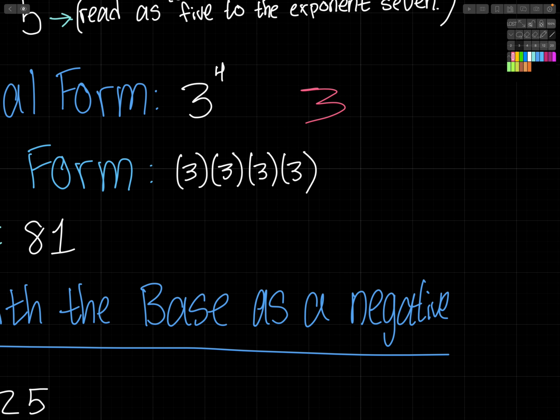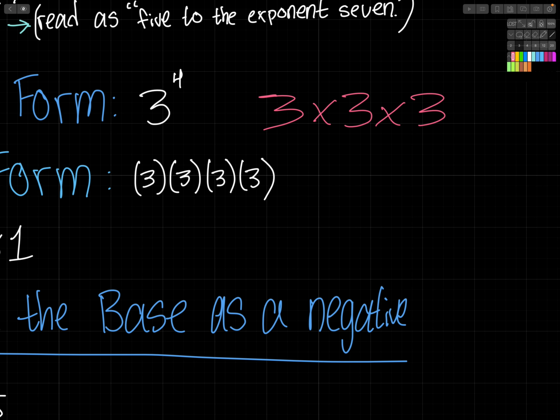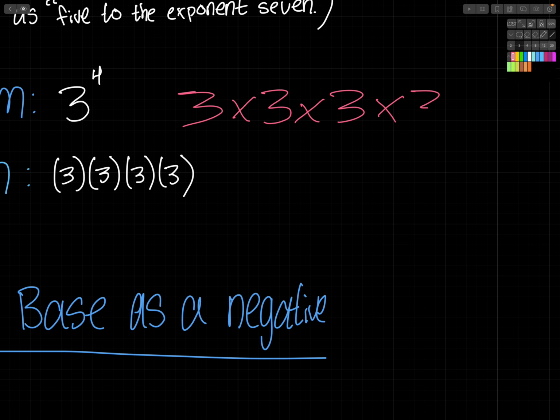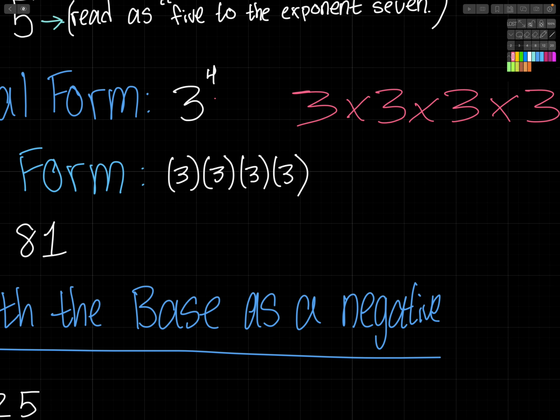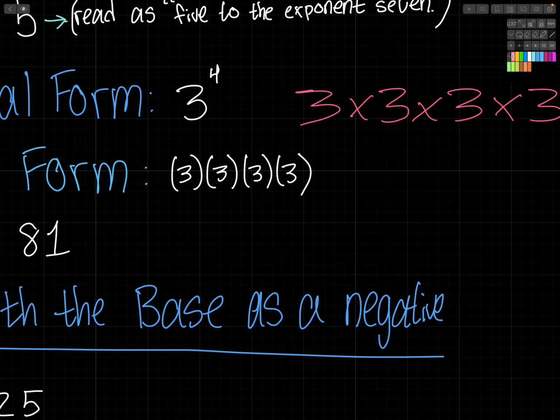So 3 by 3 is 2 times, 3 times, and then lastly 4 times. You see how 3 is being multiplied by itself 4 times. So the base tells us what is going to be multiplied by itself, and the exponent tells us how many times it's going to be multiplied by itself.